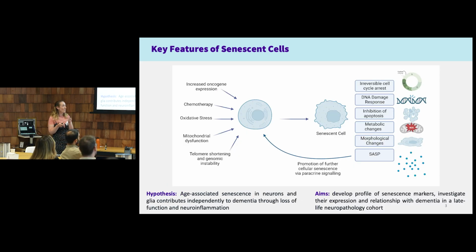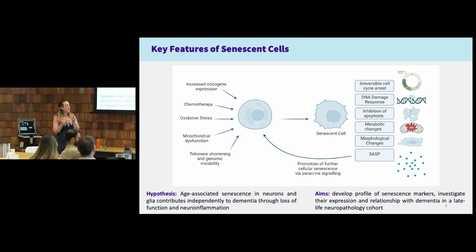So, a little bit more information about exactly what senescence is. Senescent cells have a number of key features in common. We see irreversible cell cycle arrest. We know that senescence is at least partially initiated and maintained by the DNA damage response. We see inhibition of apoptosis, metabolic and mitochondrial changes, morphological changes.